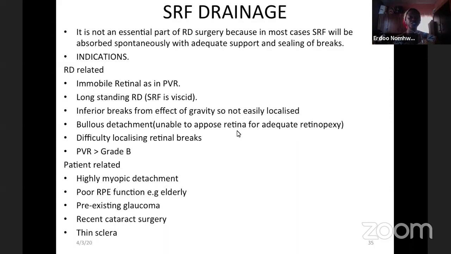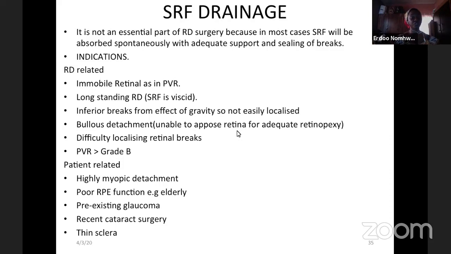Some of the indications for subretinal fluid drainage could be retinal detachment related or patient related. If there's an immobile retina, as in proliferative vitreoretinopathy, or a long-standing retinal detachment in which the subretinal fluid is viscid, or an inferior break where effects of gravity make it difficult to localize your break.